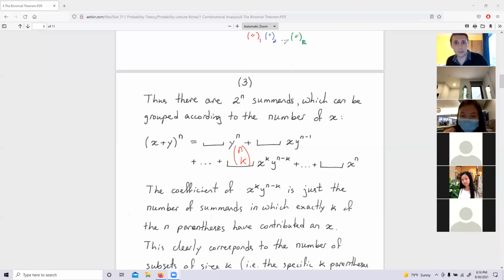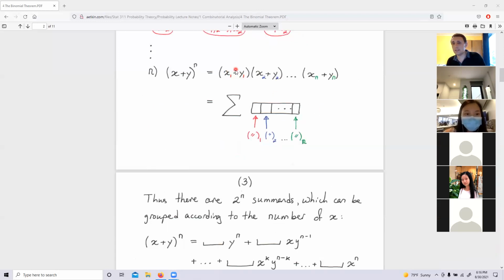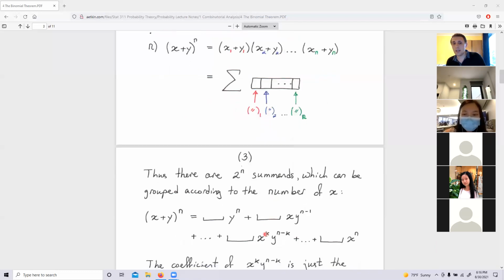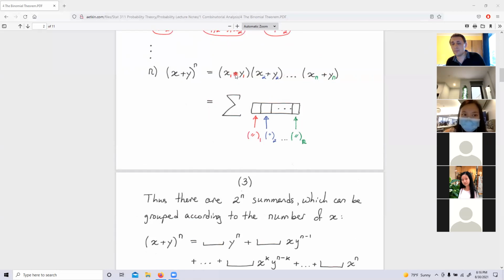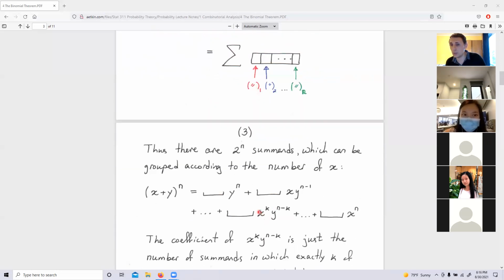All right, let me tell you what I think. So the parentheses, guys, x to the power of k means that which of those n parentheses were chosen, and chosen to do what? To contribute an x. You understand?